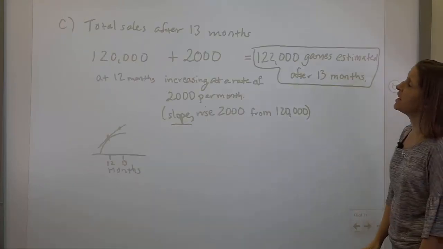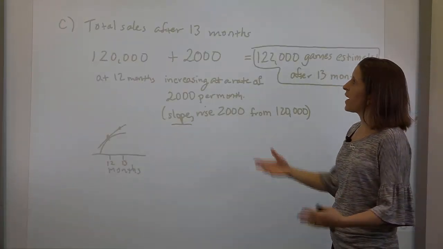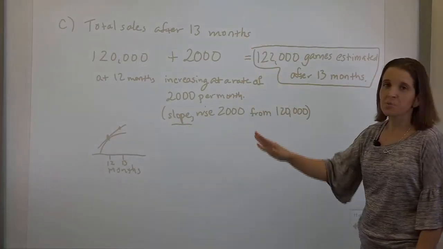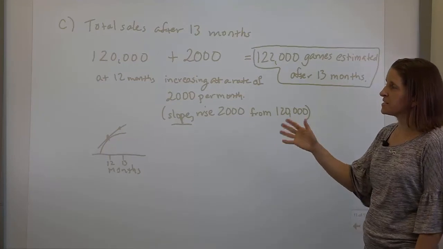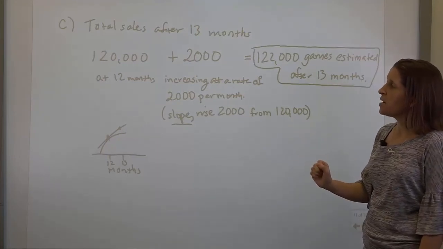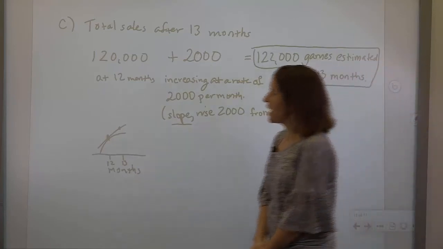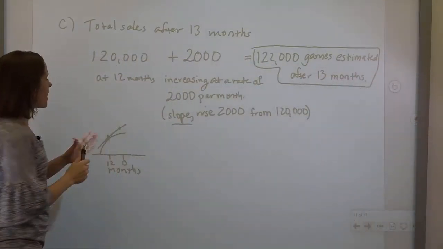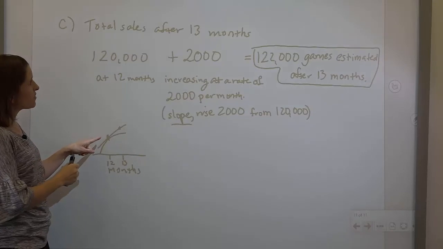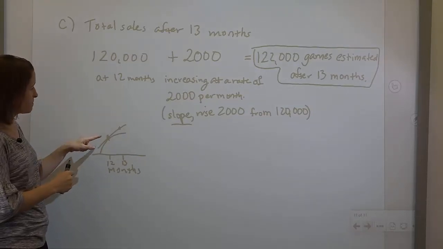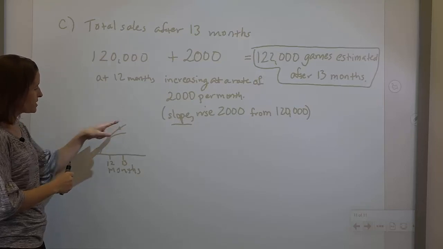And then lastly, it says use what you found to predict the total sales after 13 months. Well, this goes back to what we talked about back in marginal analysis, a little bit different background story. We found that the total sales were 120,000, and we're talking about the slope of this graph at this tangency.